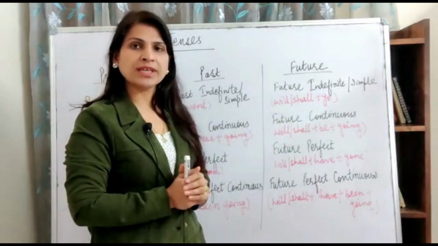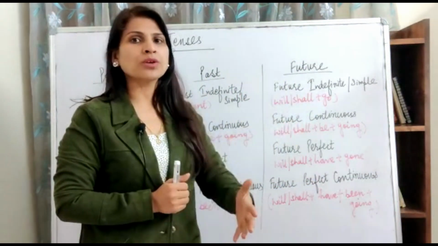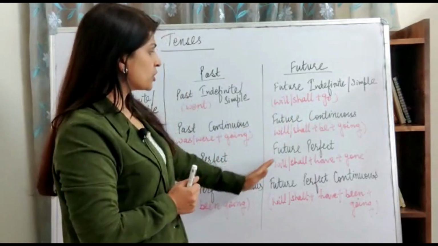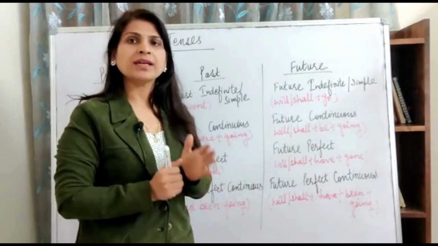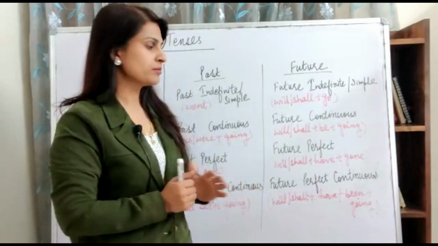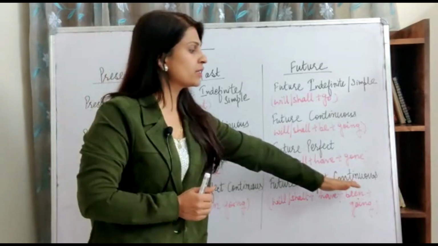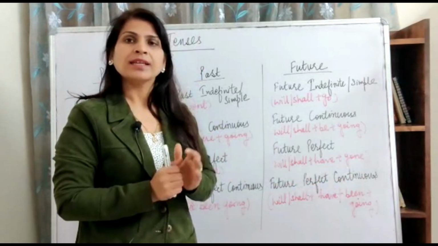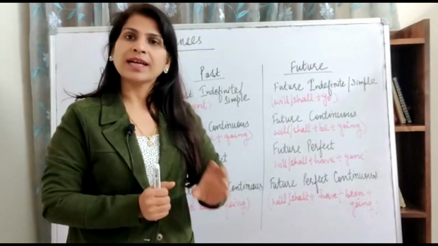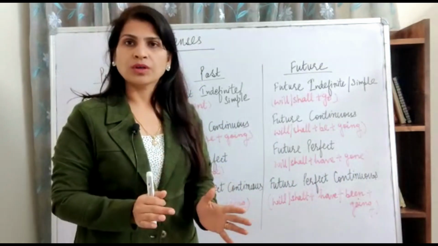Future continuous shows that the action will be going on at a particular time in future. Future perfect shows that by a particular time in future, the action will be completed. And future perfect continuous shows that even after the end of a particular time, the action will be going on.